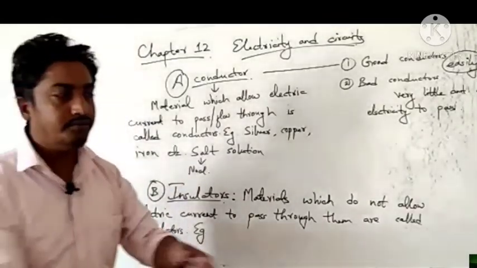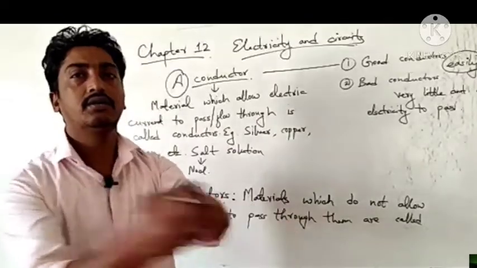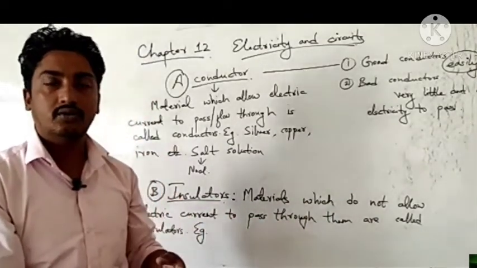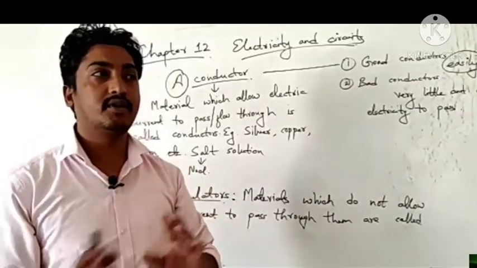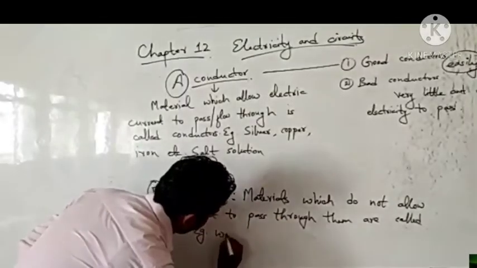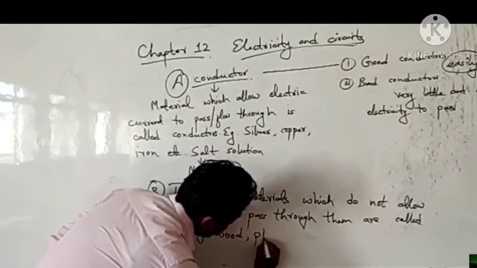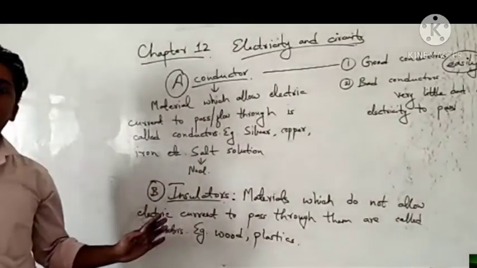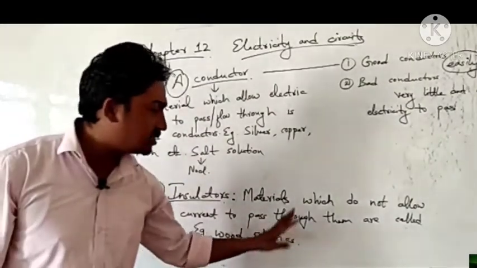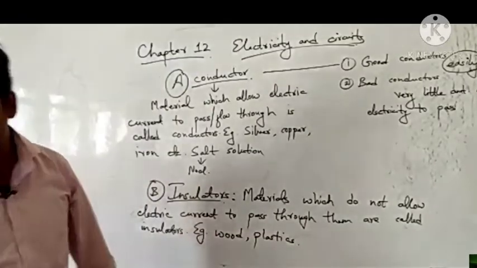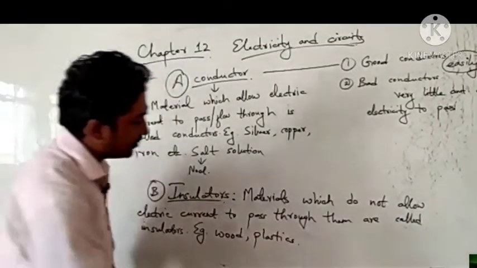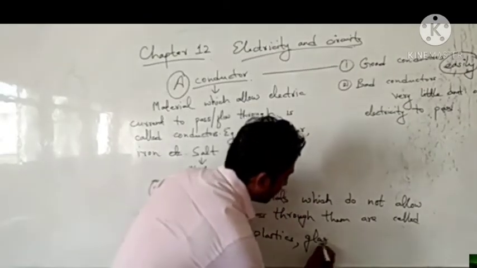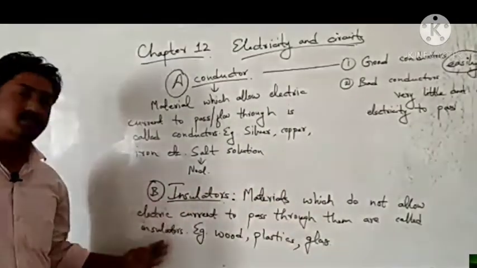But if you remove him with a piece of pipe or a wooden block, it can be done, because wood and plastics are insulators. We have more examples like sulfur and glass. These are all examples of insulators.